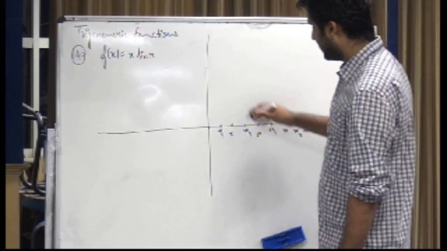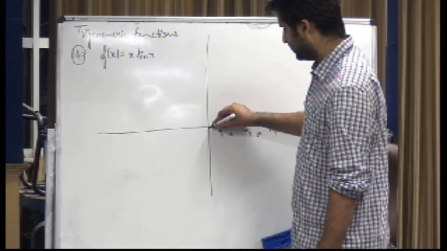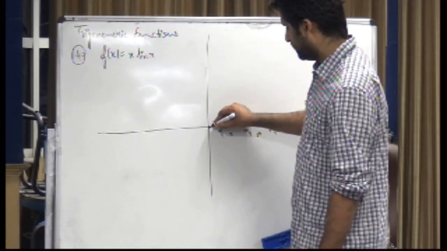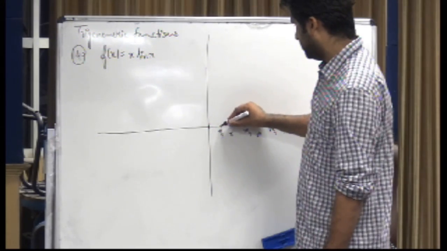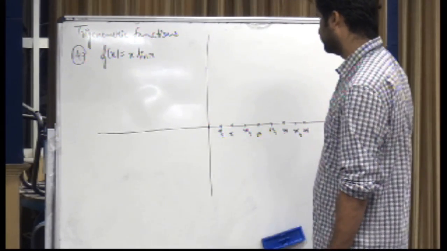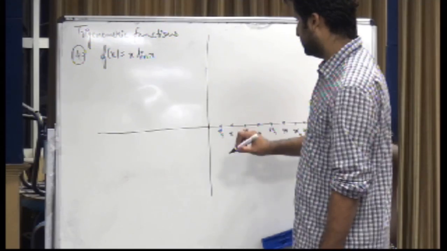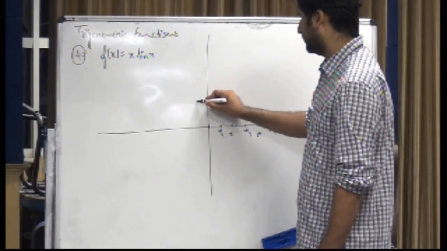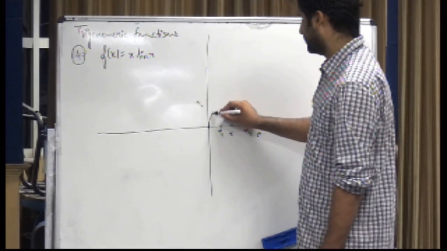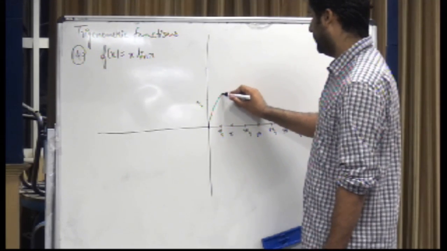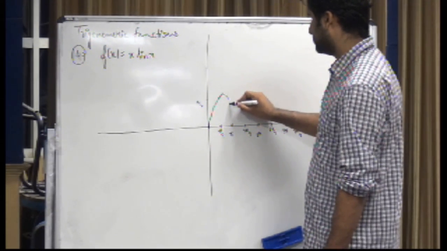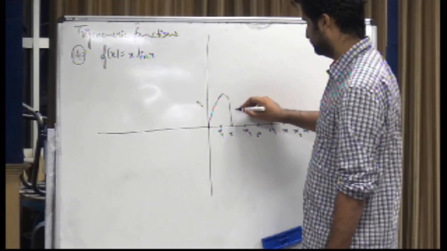So what will happen is the graph will start picking up, and at x is equal to pi by 2 it will reach its maximum value over here. Let's say this is pi by 2. So the graph goes like this, and then it starts to fall like this.